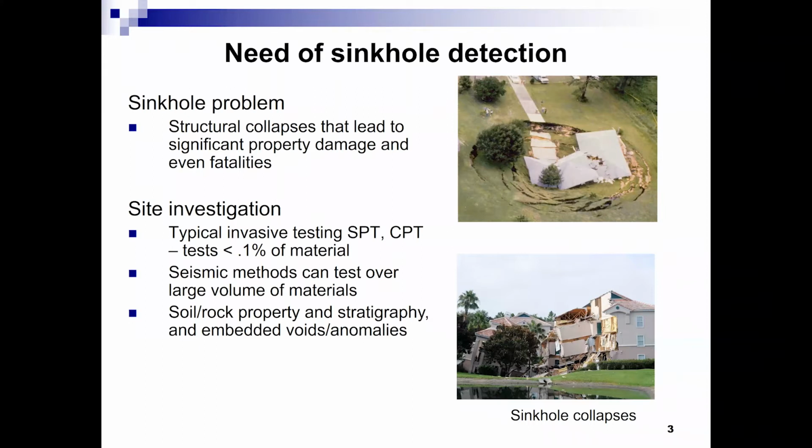We can accidentally build buildings and bridges on top of the voids, and we may see these collapses. Seismic methods can help us test a large volume of material because they are typically faster and cheaper than invasive tests. And we can obtain the soil and rock property, stratigraphy, or identify the embedded void anomalies with only surface measurement.